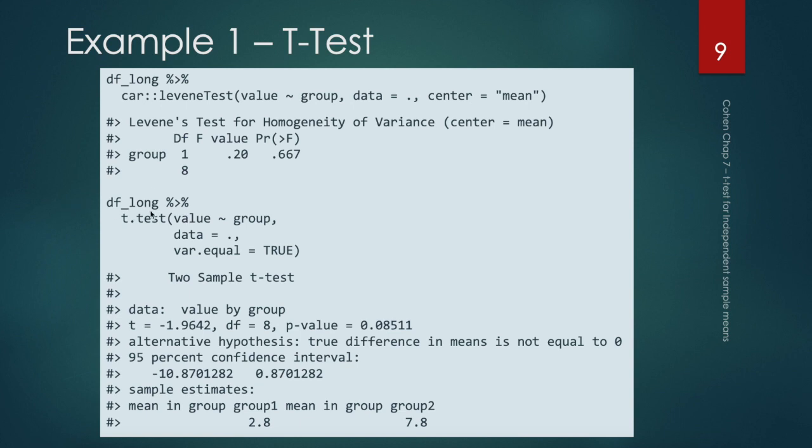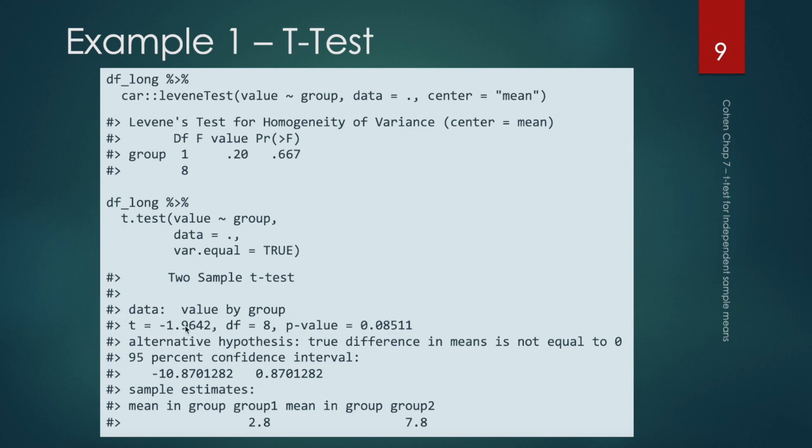So when it actually comes to running the t-test, we do the exact same thing here where we have value predicted by group, our data equals dot, and then we say var.equal equals true. That will give us a 2 samples t-test. When you see the 2 samples t-test, that means that the variances are equal. You'll see later on the Welch's 2 sample t-test, and that's when the variances are not equal.